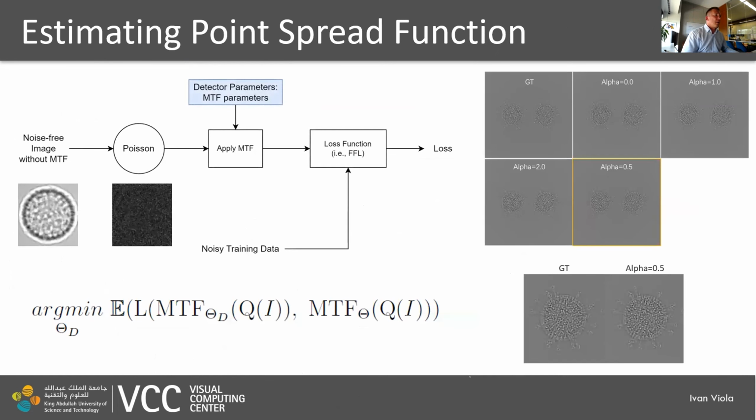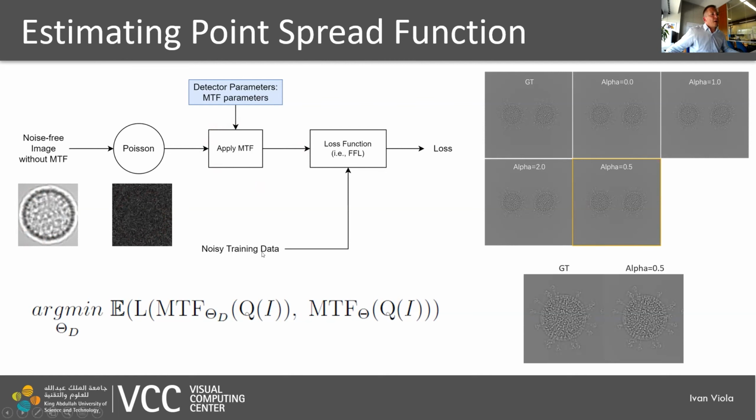Let's have a look at how this can be done. Until the final stage of the wave propagation, our result looks approximately like this. This is the case of the Zika virus, and after incorporating the noise, we can see that the projections look approximately like this. Afterwards, the MTF is applied, so the blurring of our detector.